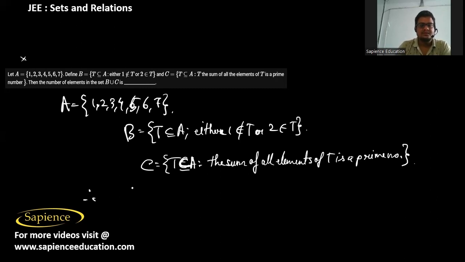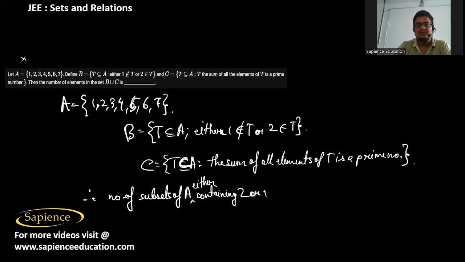So now, therefore, the number of subsets of A containing 2, which is either containing 2 or not containing 1.